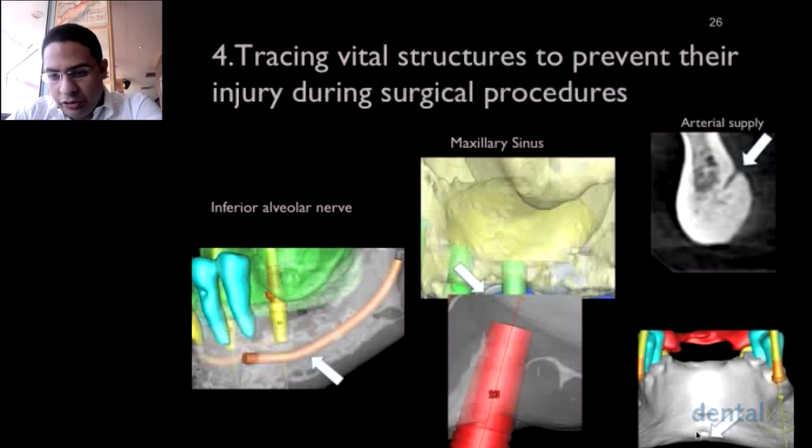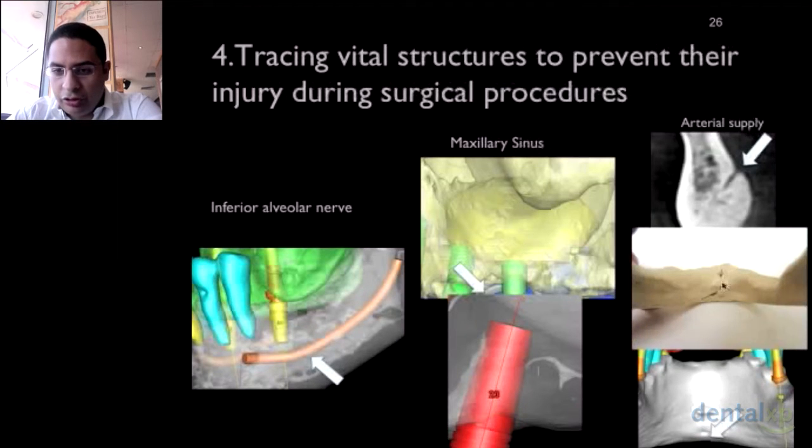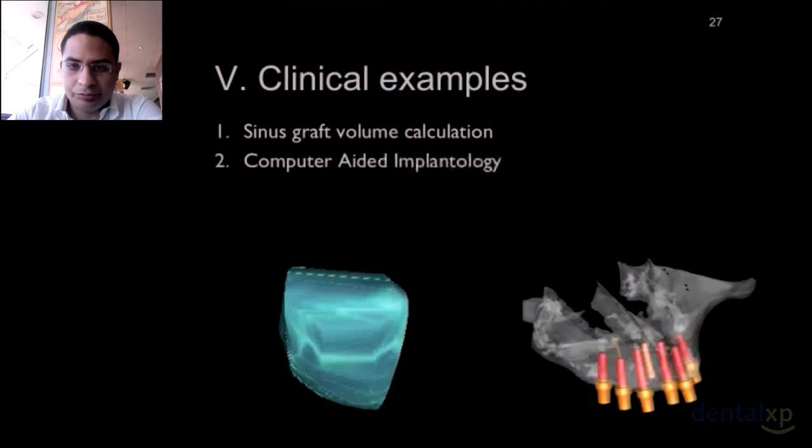You can see it here in the 3D reconstruction, and here is another illustration of this arterial supply in a dry mandible. Injury to this structure can lead to serious documented complications like hemorrhage in the floor of the mouth, and that might lead to infections, hematomas, or even suffocation in some recorded instances.